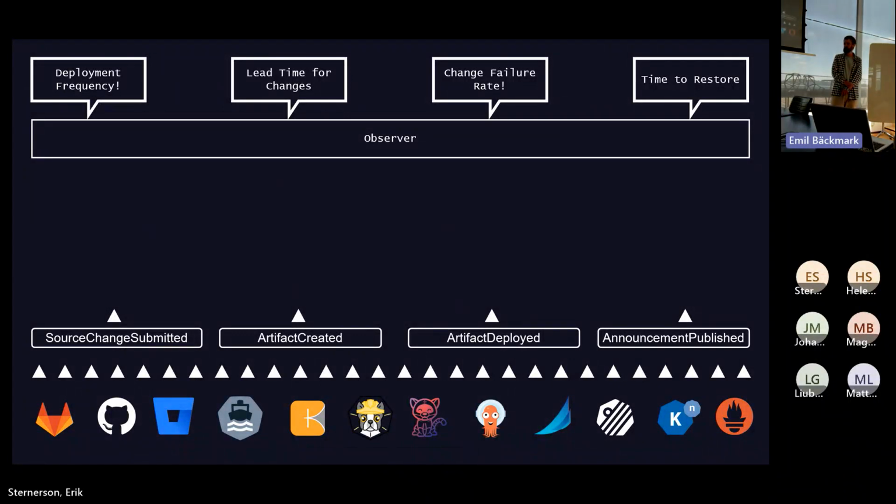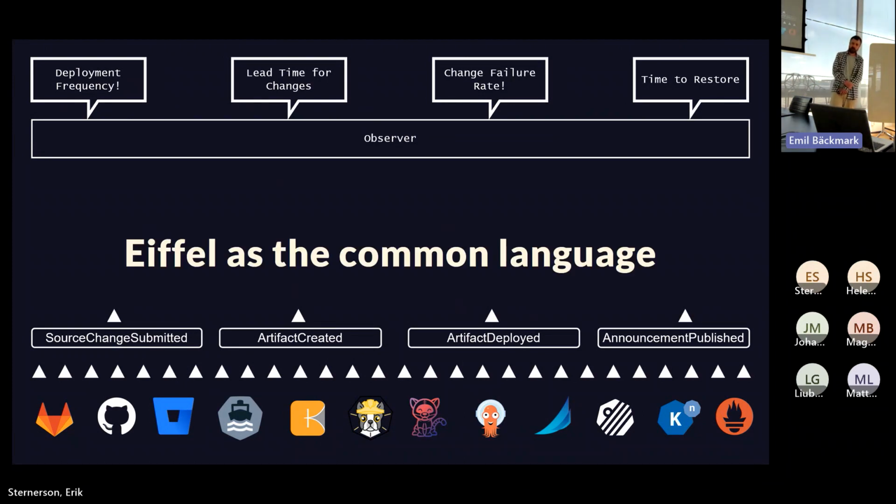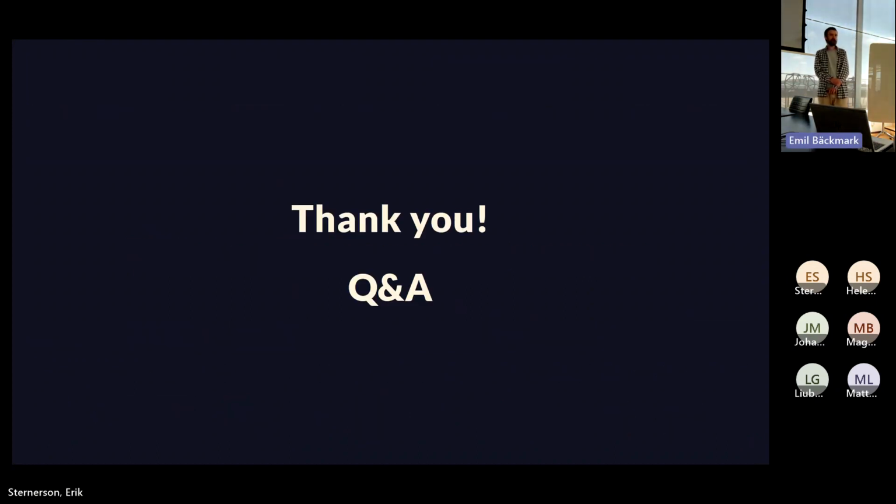And if you want to calculate these metrics as an observer, you either need to integrate with 65 different tools, or you need to have Eiffel as the common language. That was it for a quick run-through of DORA metrics and how they could be run using Eiffel. Any questions or comments?